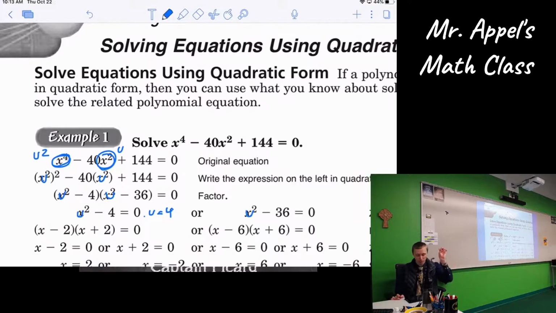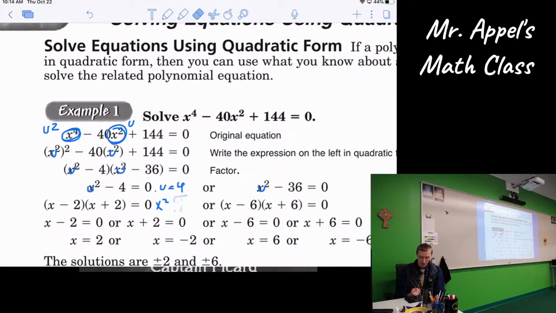You can get down to u equals, then swap back. X squared equals 4. Ah, okay, so now I just square root, right? Because it's a square root number. Okay, so both methods will take you the same place. Just do watch out for that positive negative thing. Don't ever ignore a negative square root. Right, you got to have that positive negative.